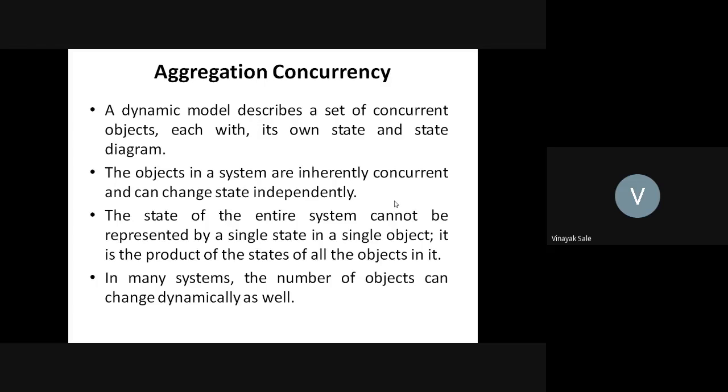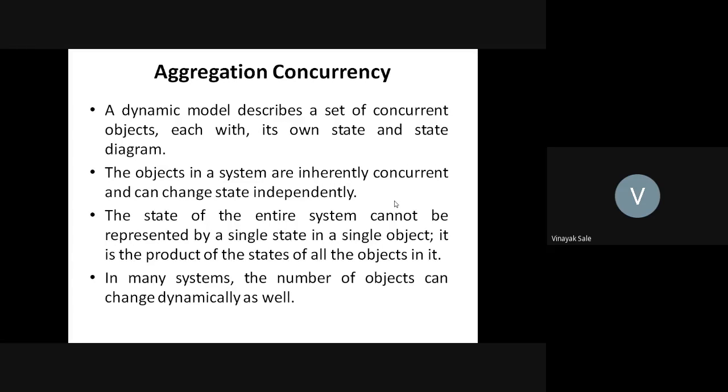independently. The state of the entire system cannot be represented by a single state in a single object. It is a product of all the states of all objects in it.